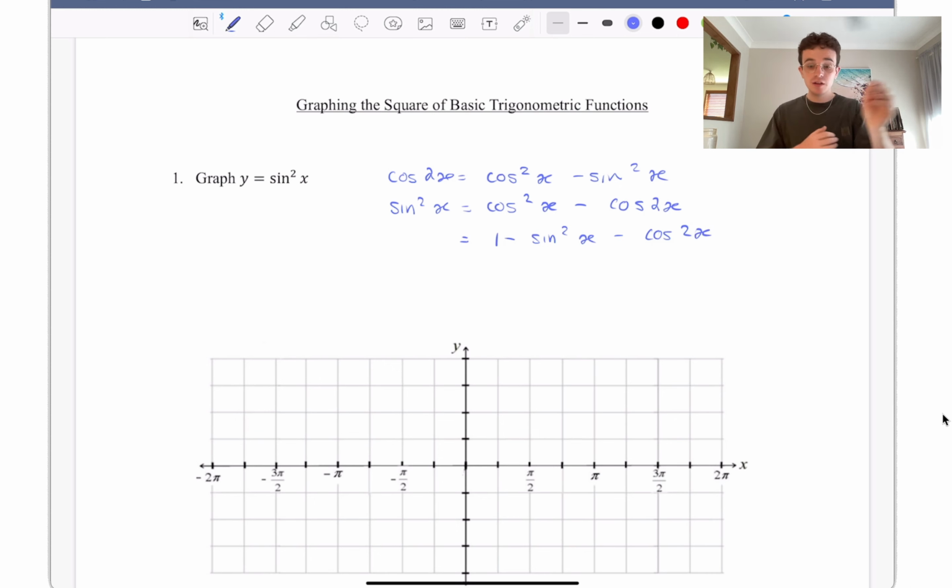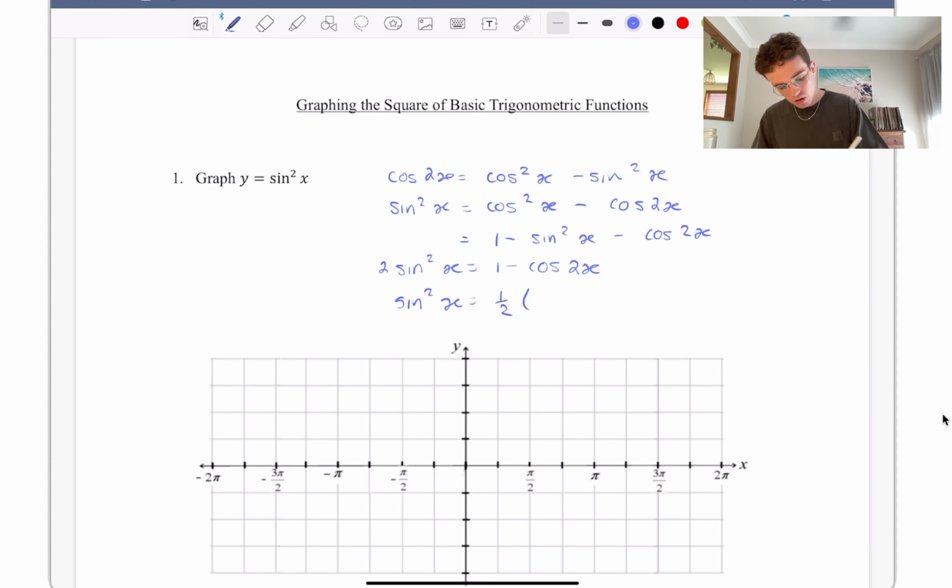Now if we add the sine squared x to the other side, we're going to get 2 sine squared of x is equal to 1 minus cos of 2x, which would imply that sine squared of x, if we divide both sides by 2, is a half minus a half cos of 2x.